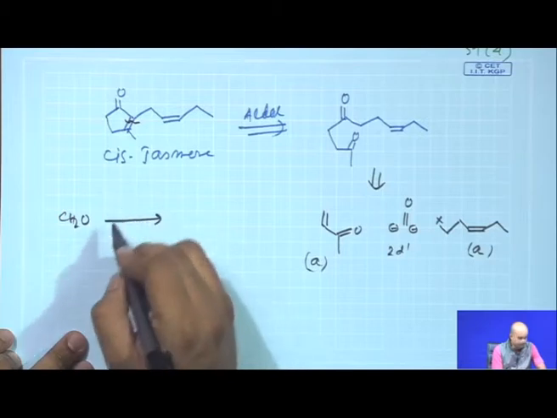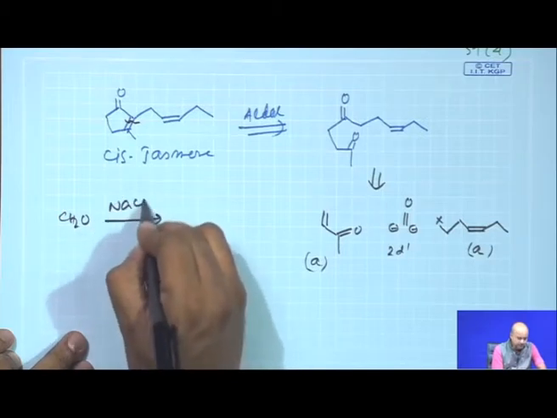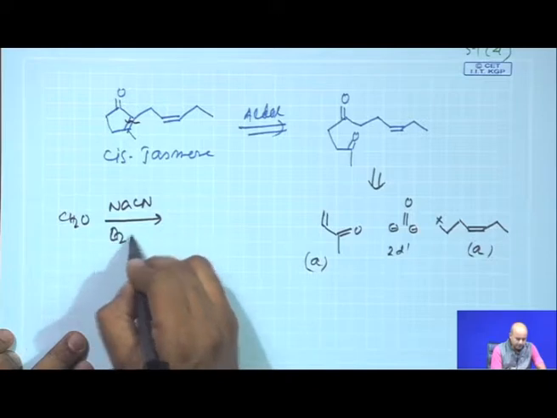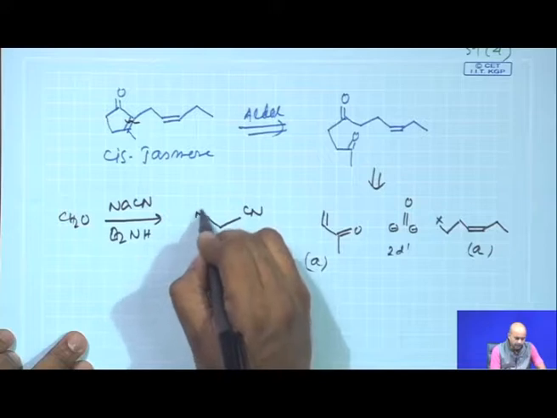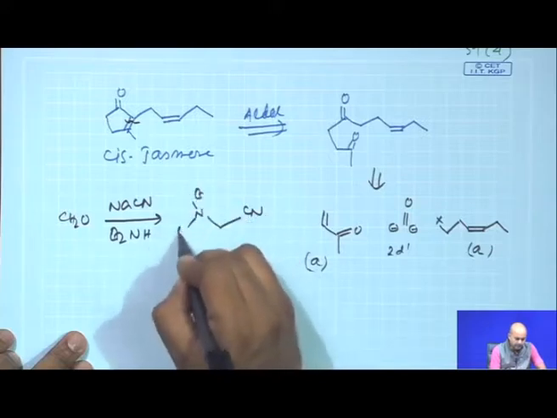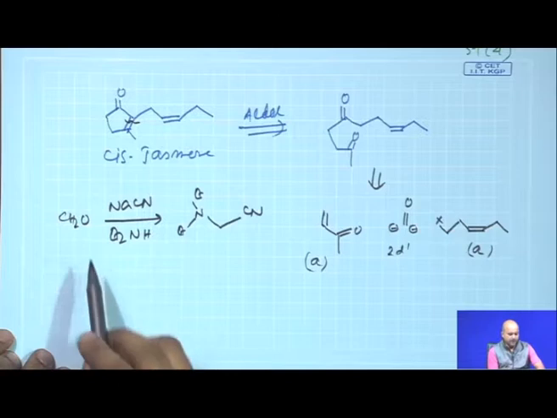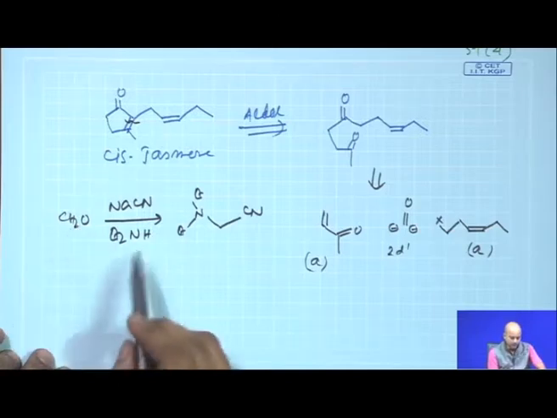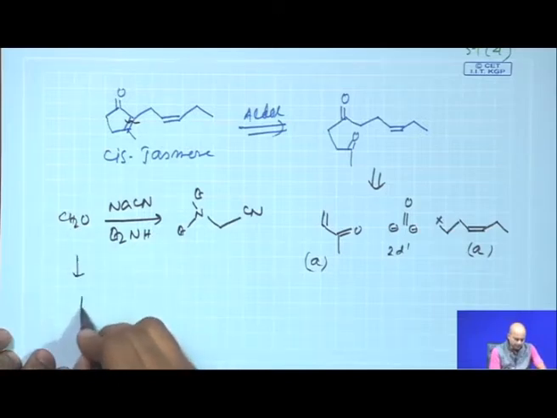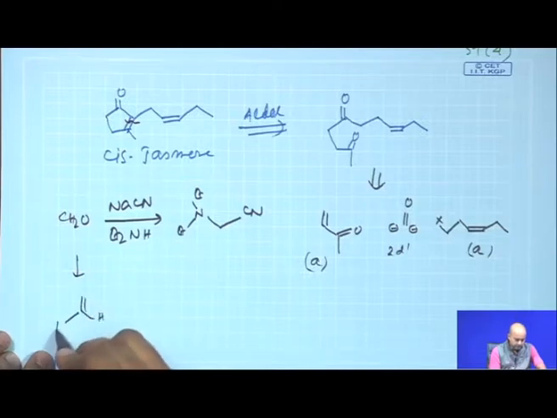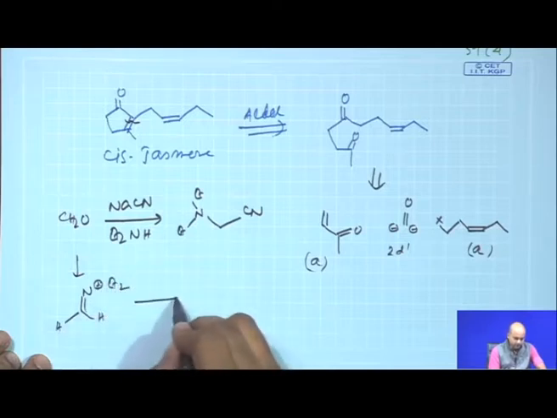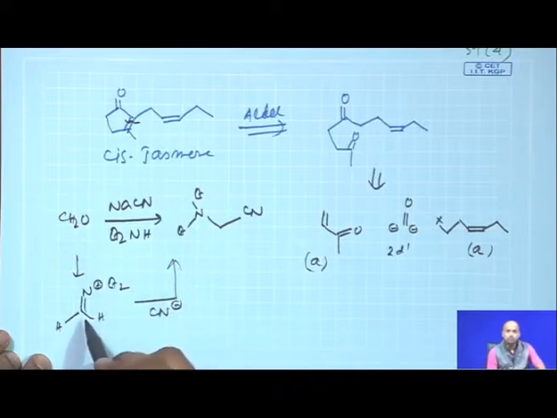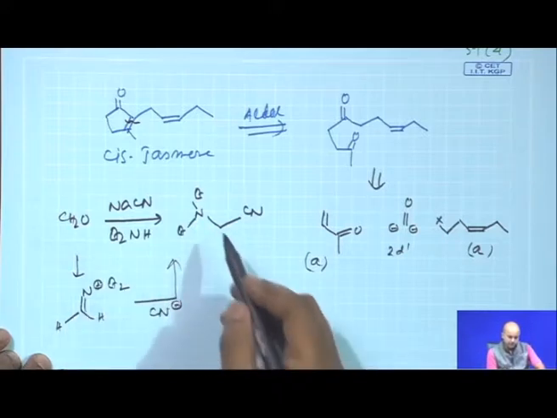If you have formaldehyde, you react with sodium cyanide and Et2NH, you basically get a compound named aminonitrile, NEt2. How do you get it? You first react formaldehyde with diethylamine, you get this iminium. Then cyanide attacks the iminium carbon in a nucleophilic fashion, and you get this compound.